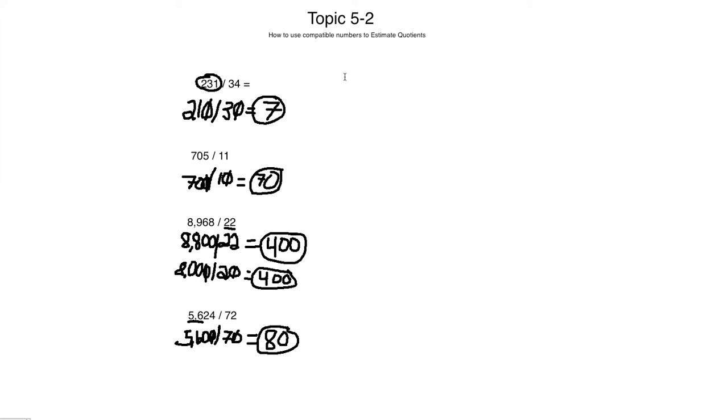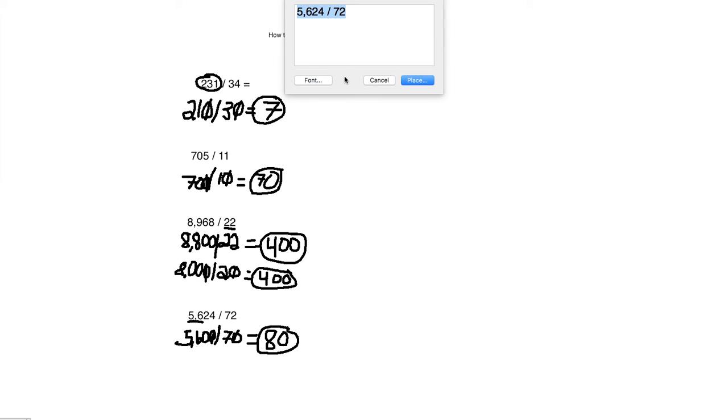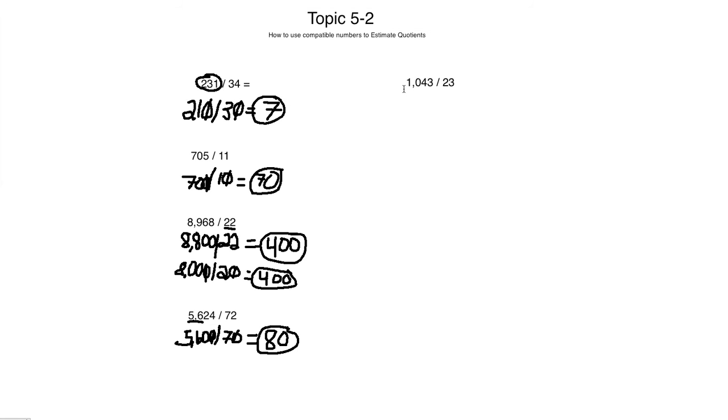Let's try another one. Let's try 1,043 divided by 23. Okay. Now, what are you going to estimate 23 to? I would say 20. Can 2 go into 10?